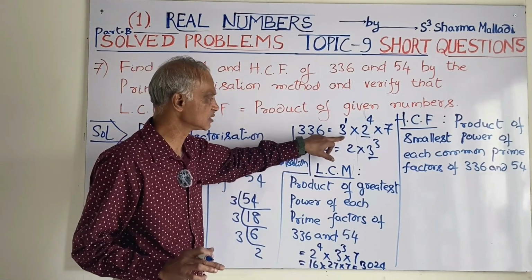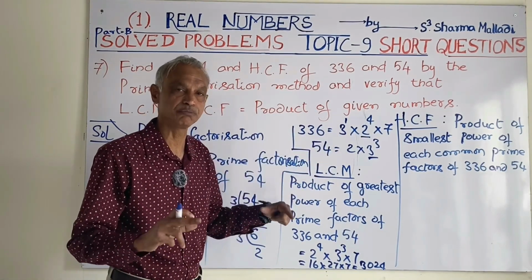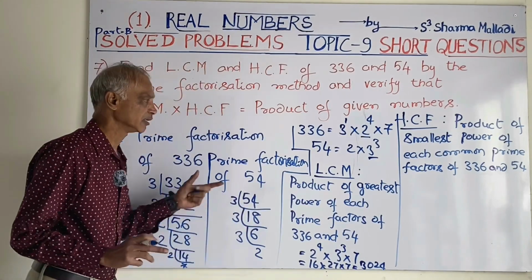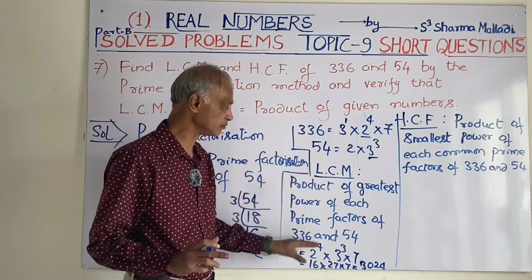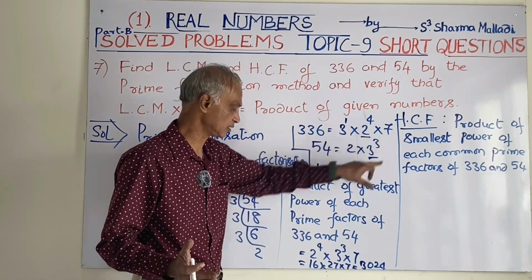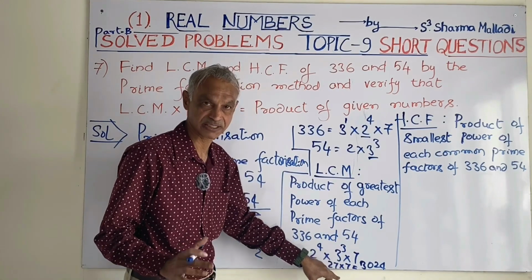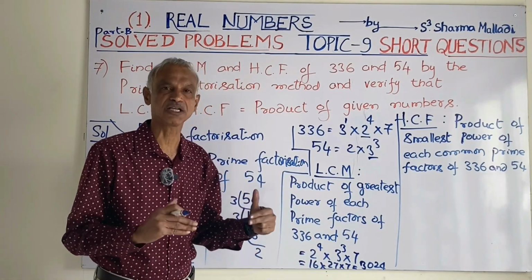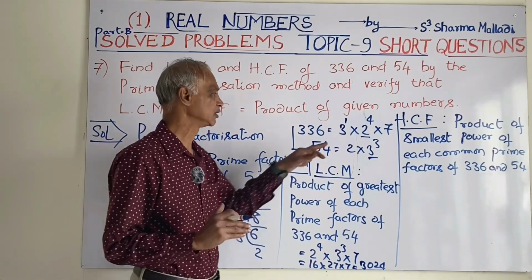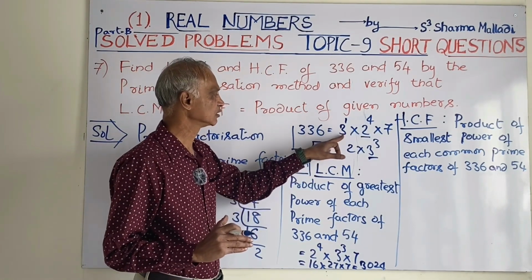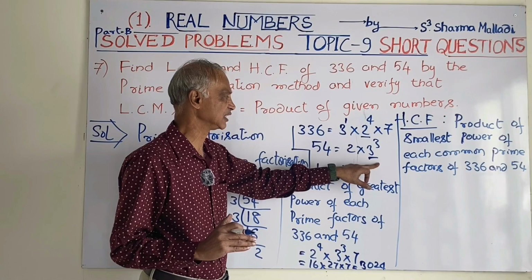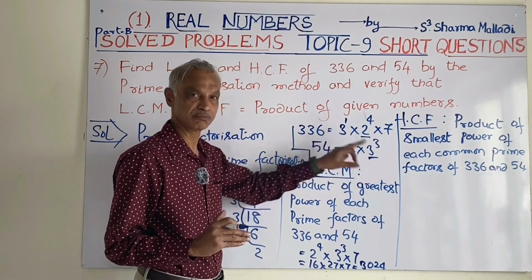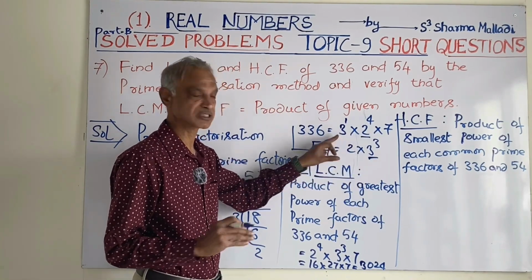It should be common in both. In LCM 7 is not common, but I have taken 7. But in HCF it should be common. Smallest power of each common prime factor means 3 is there, 3 cube is there. I have to take the smallest power.